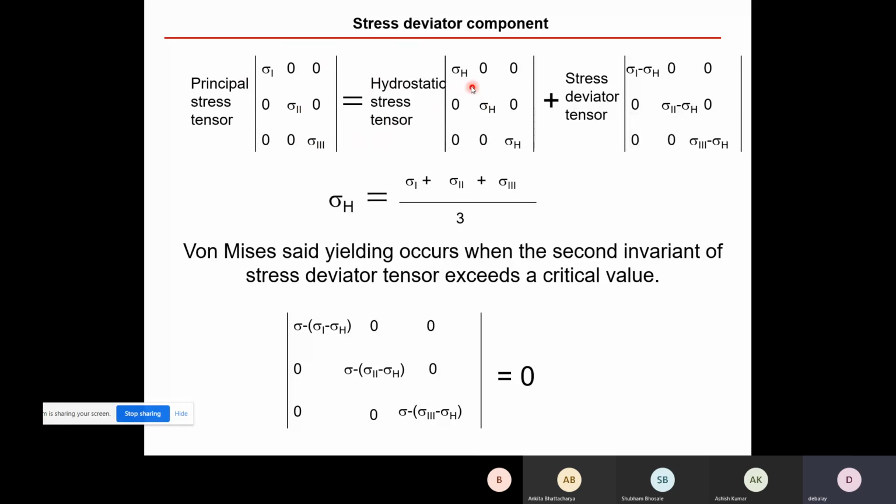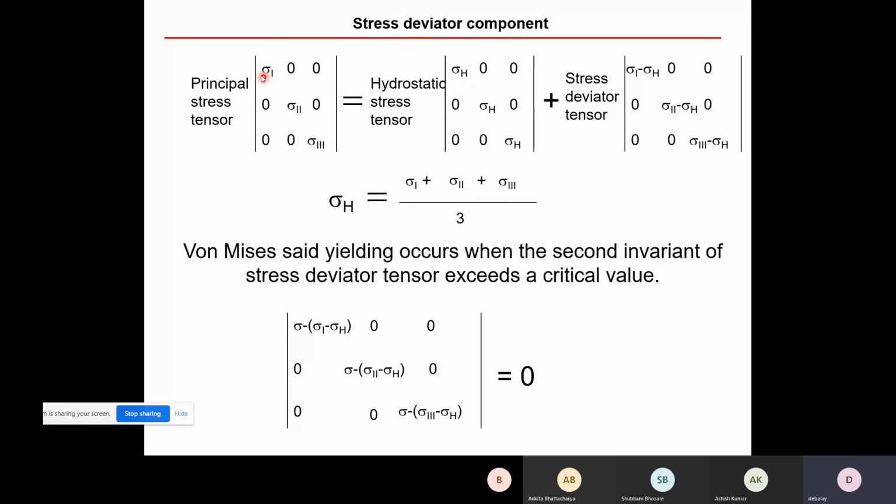What is the hydrostatic component? Sigma 1 plus sigma 2 plus sigma 3 divided by 3. This average of principal stresses is called hydrostatic stress. I subtract the hydrostatic stress tensor from the principal stress tensor.